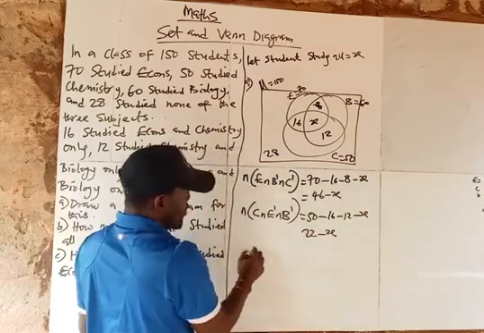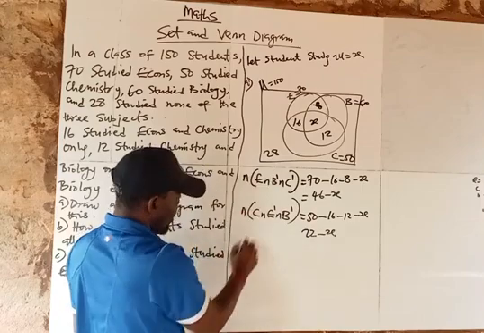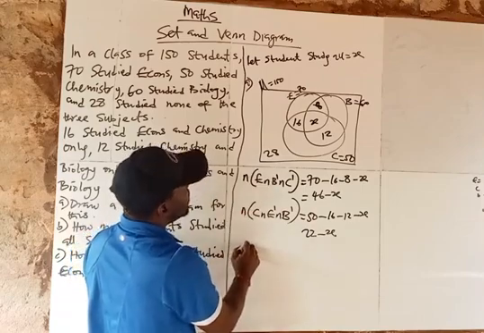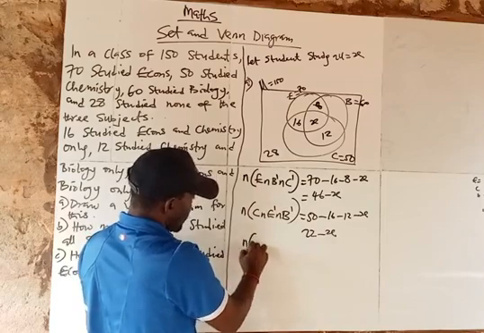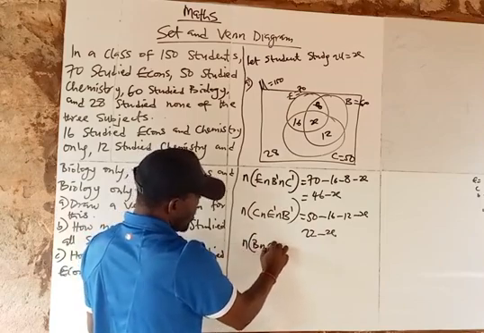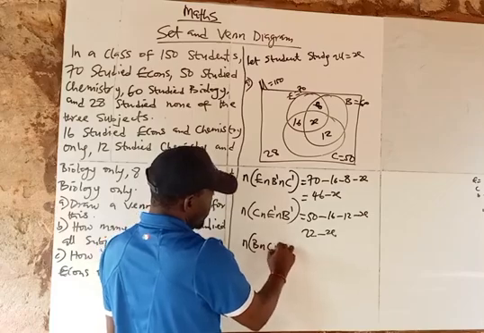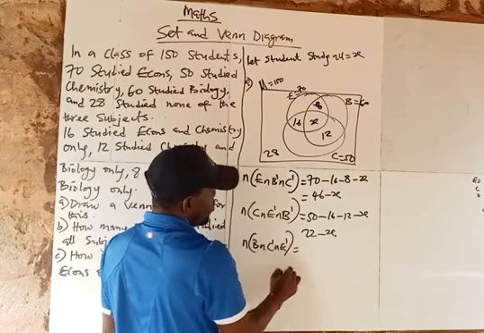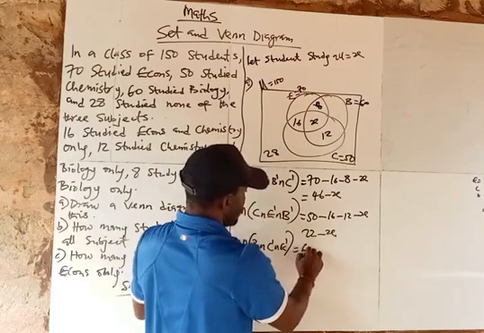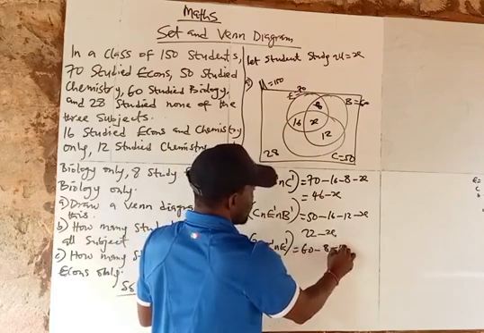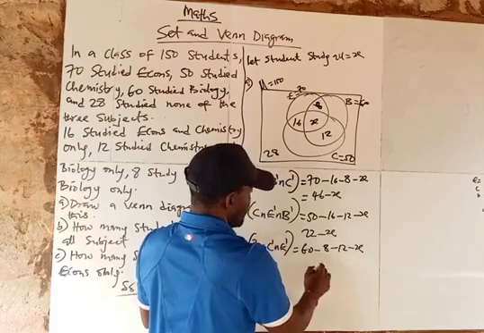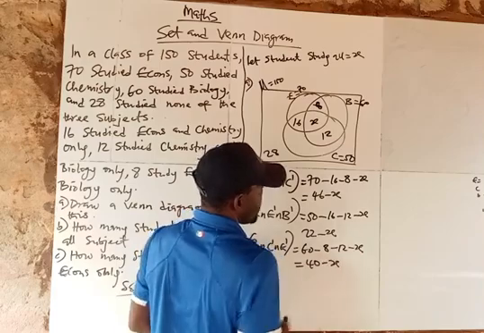Then we do the same thing for the last subject, which is biology. Intersection biology, intersection chemistry prime, intersection economics prime. Biology was 60 minus 8 minus 12 minus x. I think this one will give us 40 minus x.